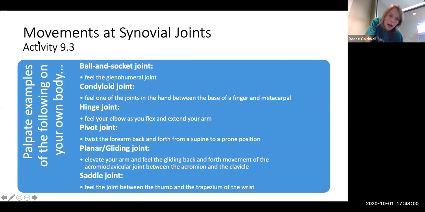So I drank a giant Diet Coke before this, and I have to pee really bad. So give me 5 minutes, and you can do these activities on your own to identify those joints that we just went over. I will be back in literally like 2 minutes. Feel free to do this and pull up the next PowerPoint while I'm gone.